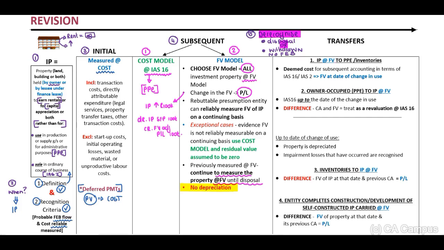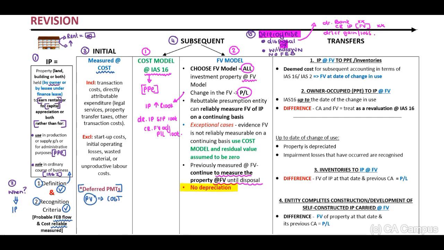Now, if you dispose of the asset, you will have to debit, hopefully, the bank with the income, credit your investment property if carried at fair value, and debit or credit a possible gain or loss on disposal.